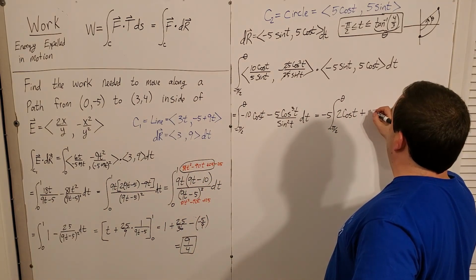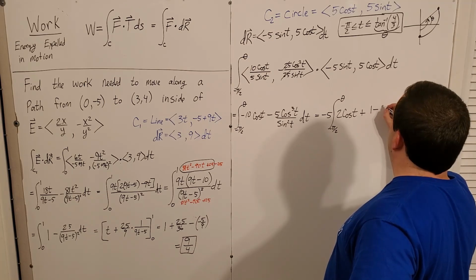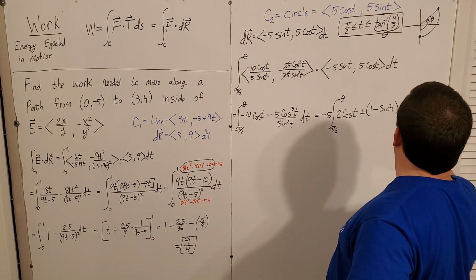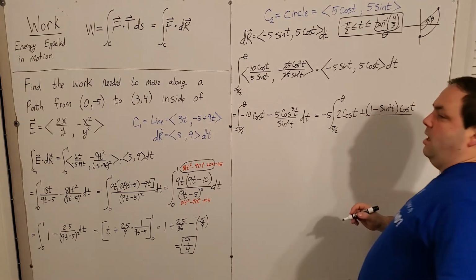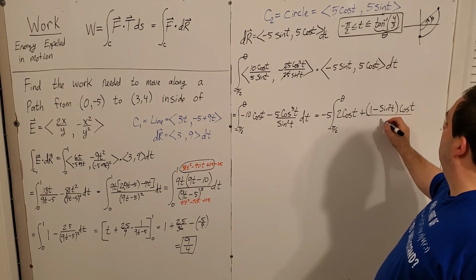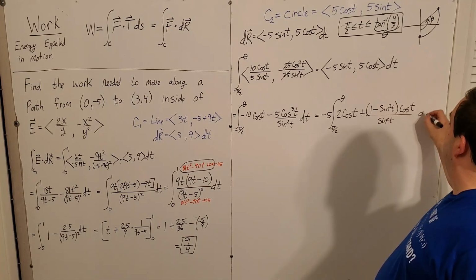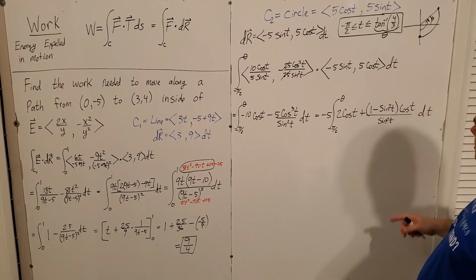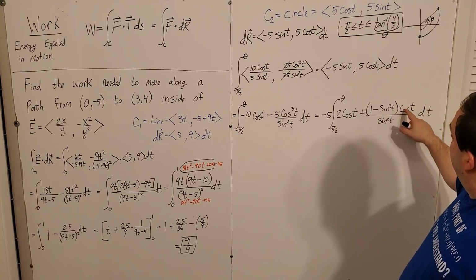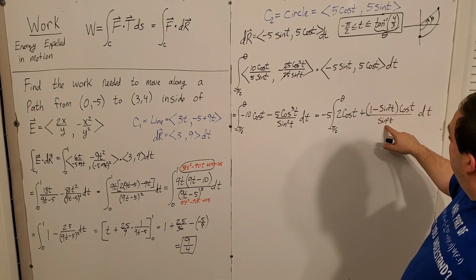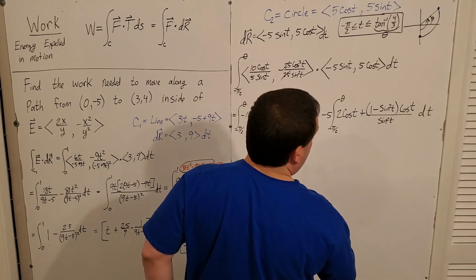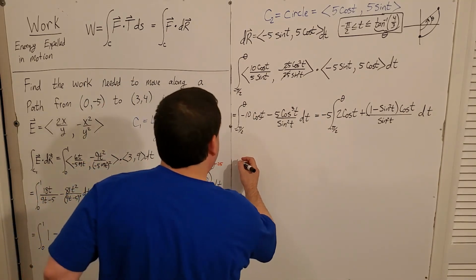That's going to give me 1 minus sine squared times cosine divided by sine squared t, right? Alrighty, so then I can distribute the cosine t and the sine squared there. Okay, yeah, that's going to be nice.